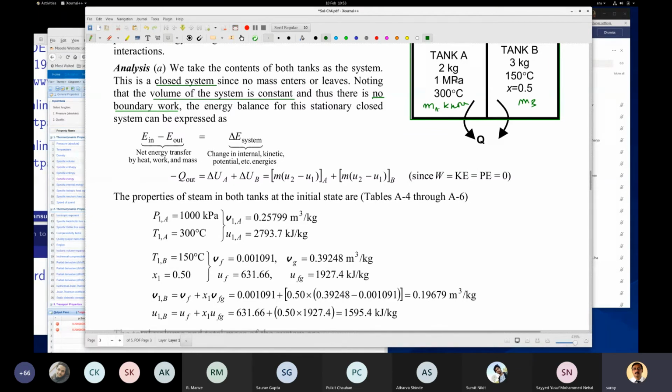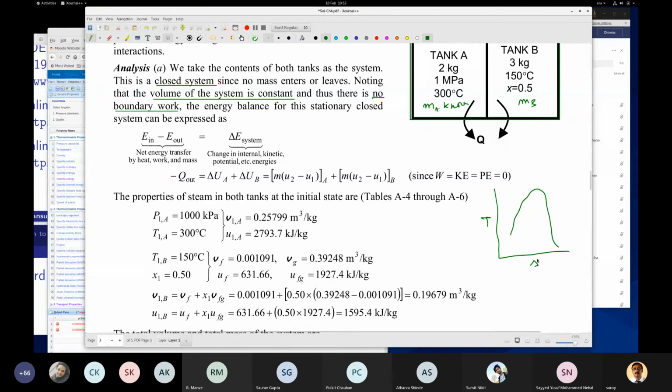This is probably superheated, and here it is inside the dome. The temperature is given, so you know it is inside the dome. So here x equals 0.5, and the other one is somewhere here.